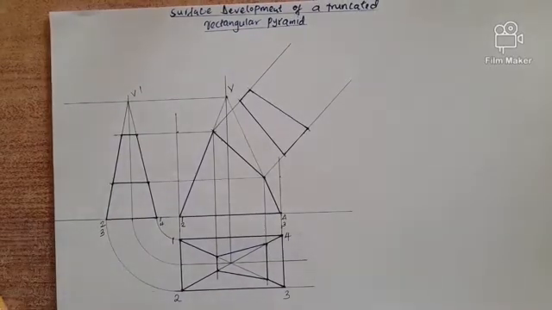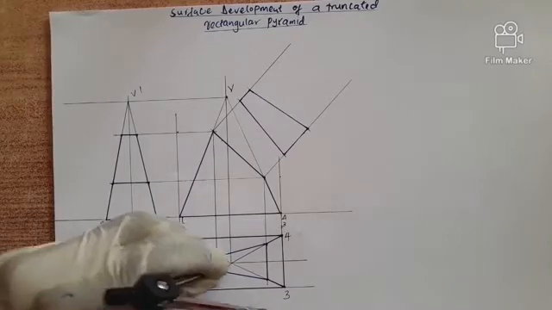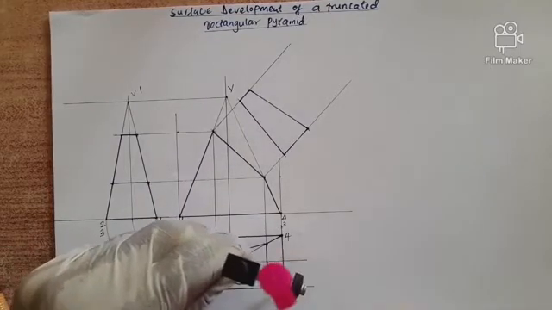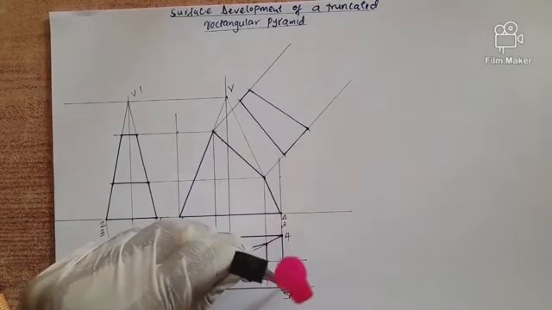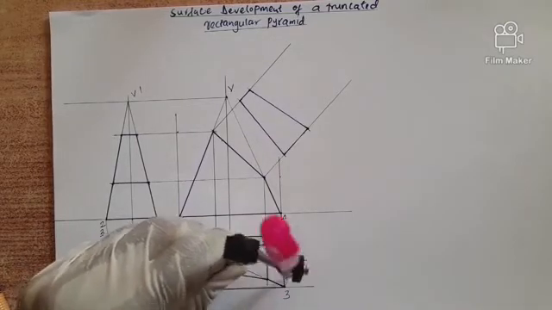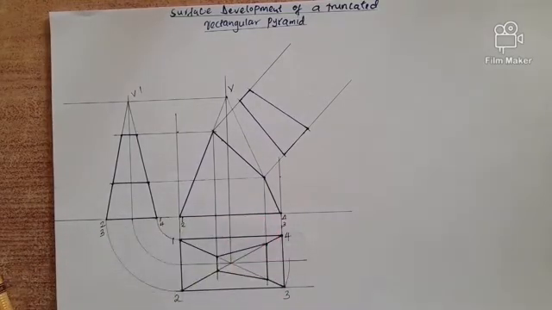Then taking the center V with 3, we draw an arc to meet that line. So we just want to get the true length that we are going to use.